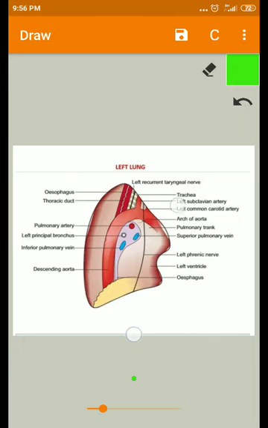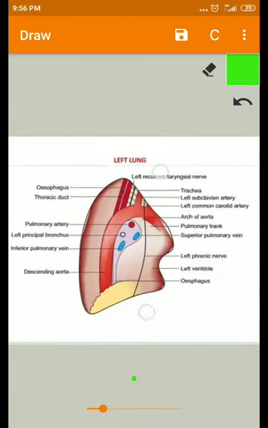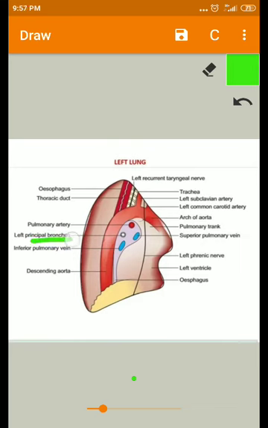In the right lung we have two bronchi, the eparterial and hyparterial, but in the left lung only one principal bronchus is present. That is the main difference between the right and left roots of the lungs.